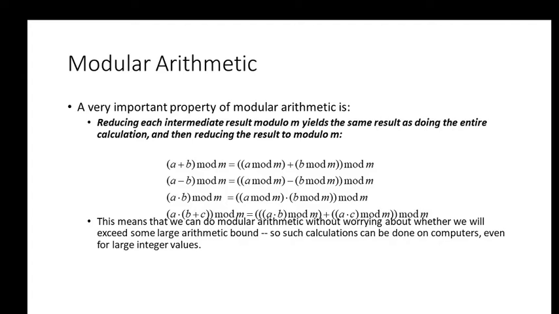A minus b mod m equals a mod m minus b mod m, mod m. A dot b mod m equals a mod m dot b mod m, mod m. A into b plus c mod m equals a dot b mod m plus a dot c mod m, mod m.